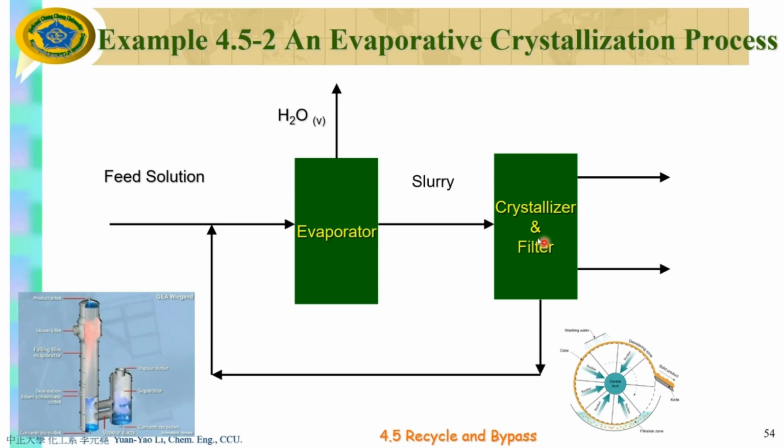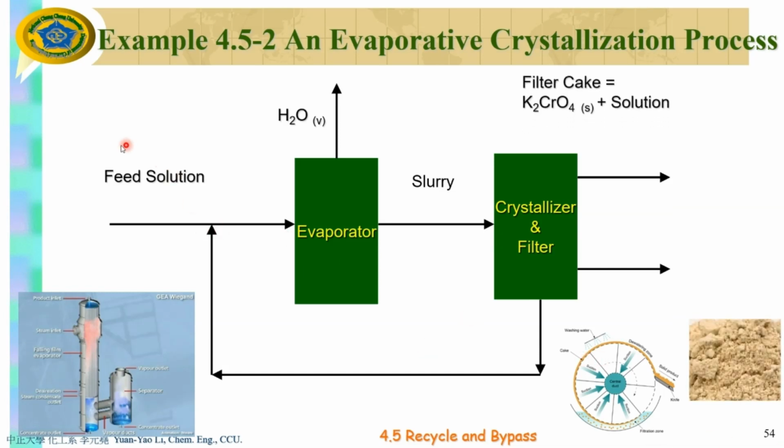If the slurry goes through this filtration, we can make a cake and take out the rest of the water, and we feed the rest of the water back to this evaporator. It's kind of dilute, right? So this filter cake is a combination of the potassium chromate in solid as well as solution.